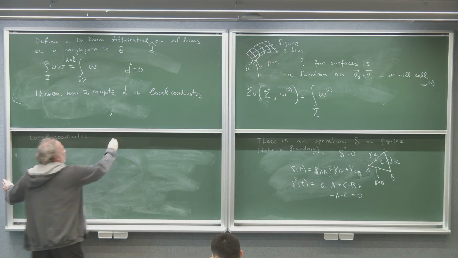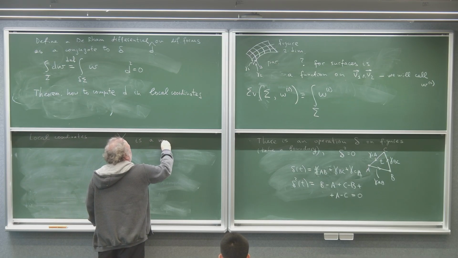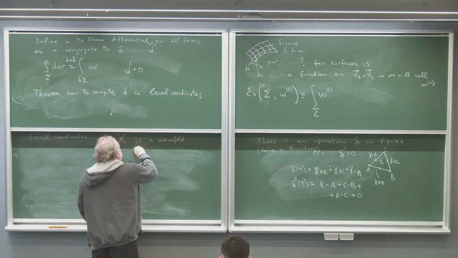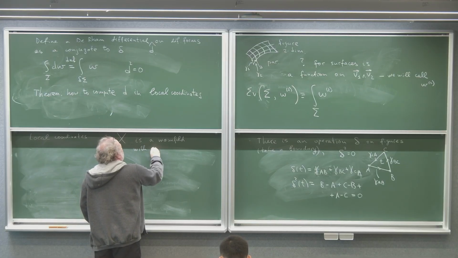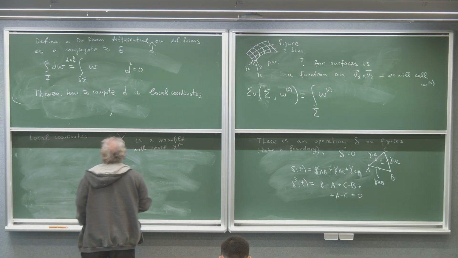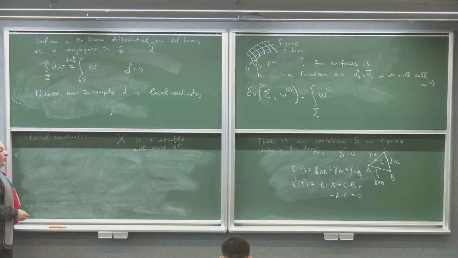Suppose that the big manifold X with coordinate x mu. Then we know what the function is. We need to know what differential form is.